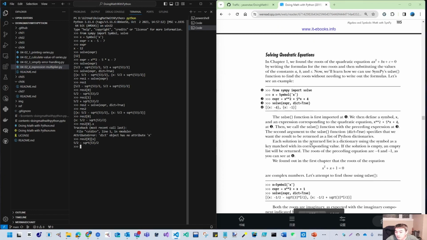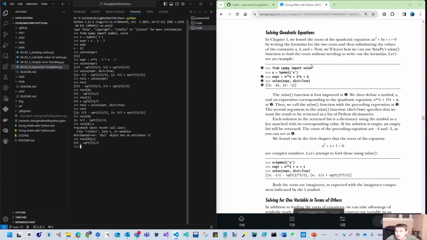So the solve function is first imported, and we then define a symbol and an expression corresponding to the quadratic equation. Then we call solve with the preceding expression.